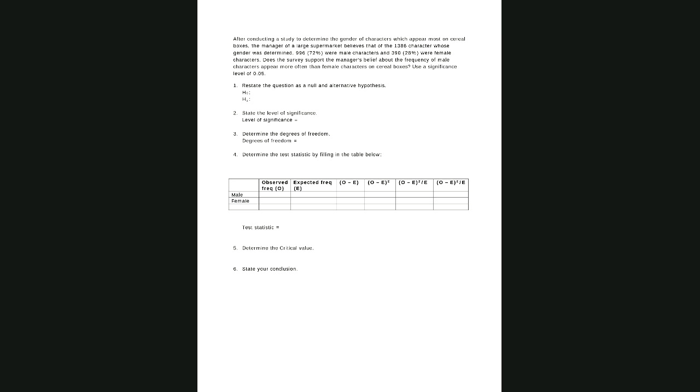Okay, well, look at it this way. Does the survey support the manager's belief that male characters appear more than female characters? If the survey supports the manager's belief, what has happened?